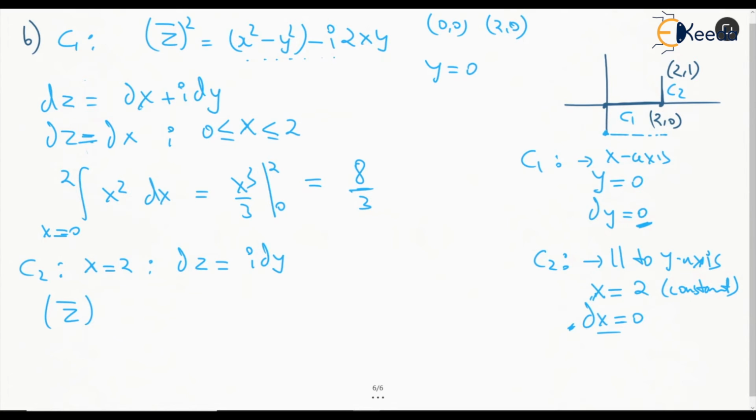So this will become 2 square, which is 4, minus y square in the real part minus 4y. This will be the z conjugate, and the limits for y will be 0 to 1, because it is starting from 2 comma 0 to 2 comma 1. So x is constant and y is moving from 0 to 1.